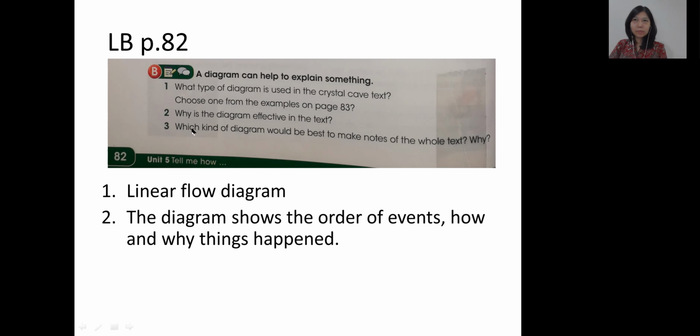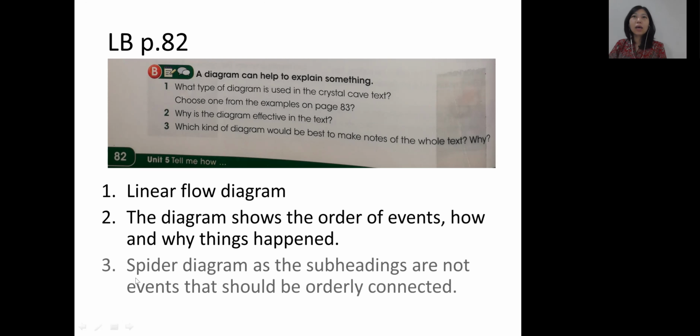Number three, which kind of diagram would be best to make notes of the whole text? Now, you need to check on page 81 again. Now, see everything. If you want to put the information, the whole text, into a diagram, which diagram do you think is suitable for this? The answer will be spider diagram. Why?